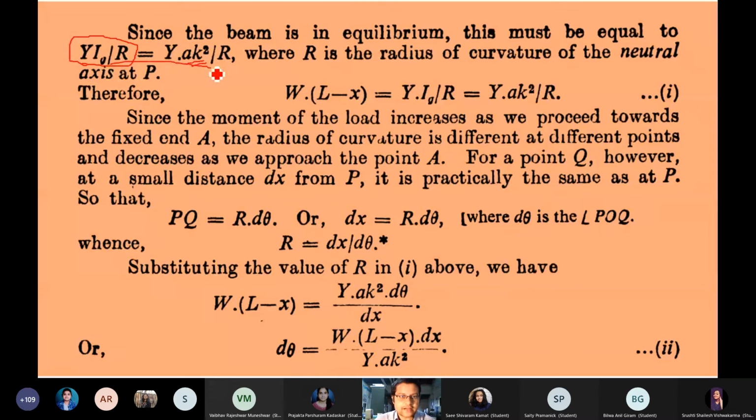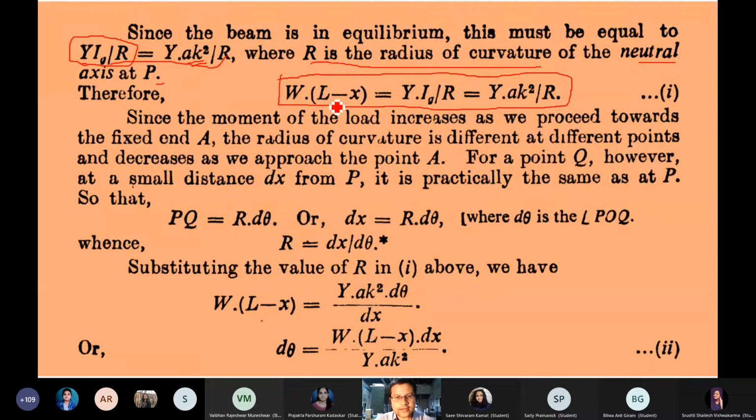That equation is YIg by R equals YAk squared by R, where R is the radius of curvature of the neutral axis at position P. Therefore, can I write W into L minus x as YIg divided by R? Yes, we can, and this is equation 2.